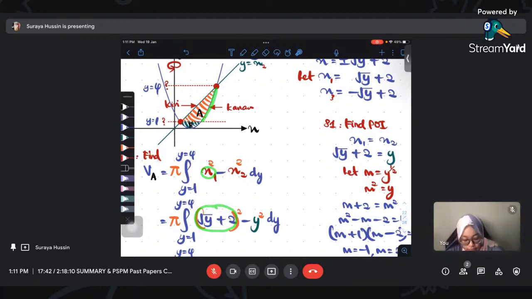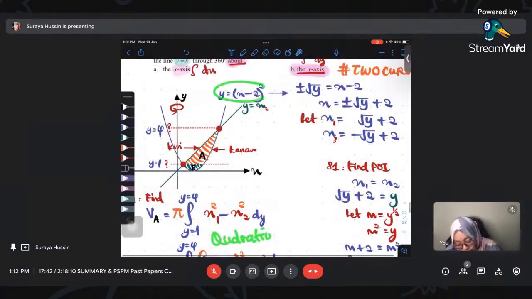Kamu jangan ingat ini linear pula. Ini quadratic ni sebenarnya. Miss, ni bukan square root function ke? Yeah, it's actually susahnya kan nak explain ni. Okay. Quadratic bila kita pada asal kan dia quadratic, tapi bila kita susunkan jadi X sebagai subjek, dia jadi square root function.